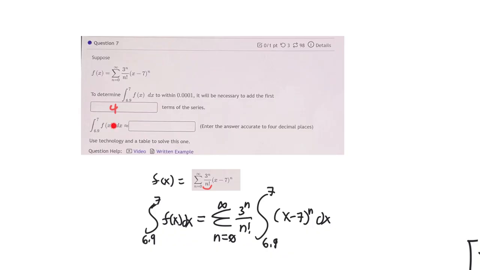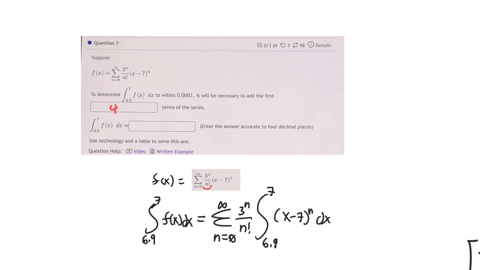And then they say they want you to actually approximate that. Okay. Enter the answer accurate to 4 decimal places. So that will be a matter of literally adding those terms, right?